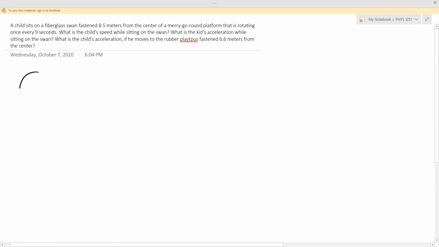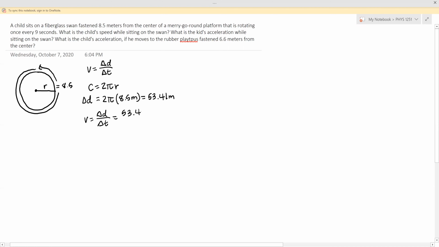To get velocity, it's change in distance over change in time, which is going to be that 53.41 meters divided by the time, which is 9 seconds, because as it travels one complete rotation, it takes 9 seconds.